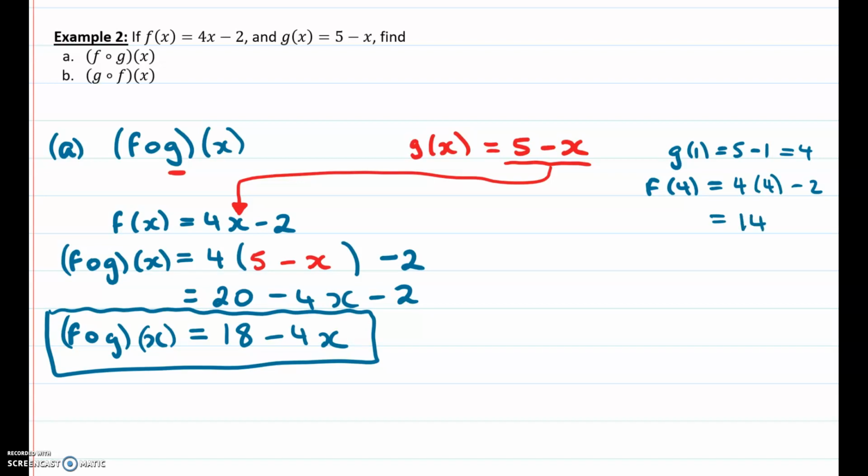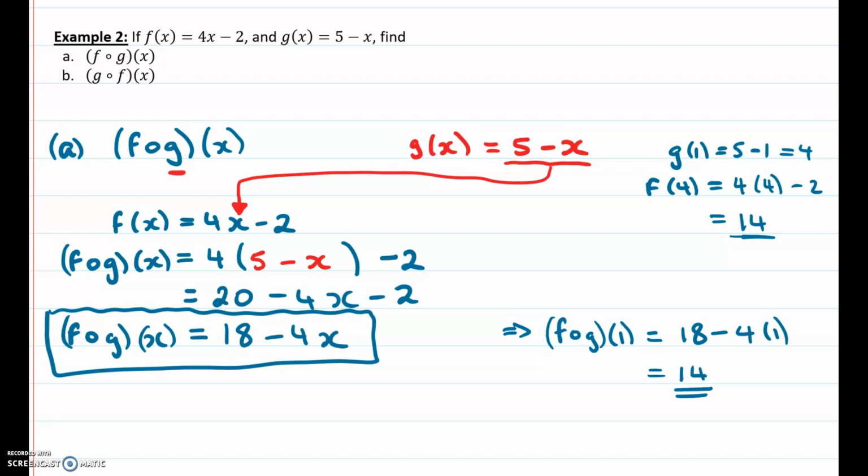Okay. Now if we start with 1 down here, instead in this one, f o g of 1, we get 18 minus 4 times 1, which is 18 minus 4, which is also 14.